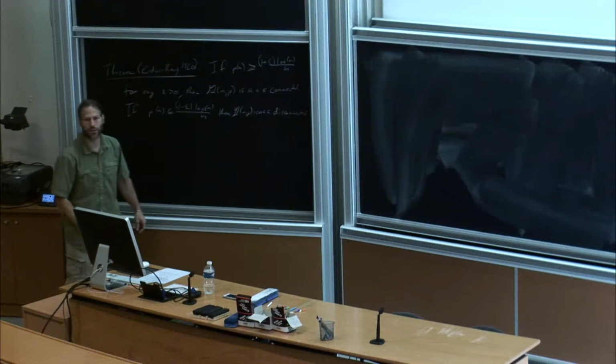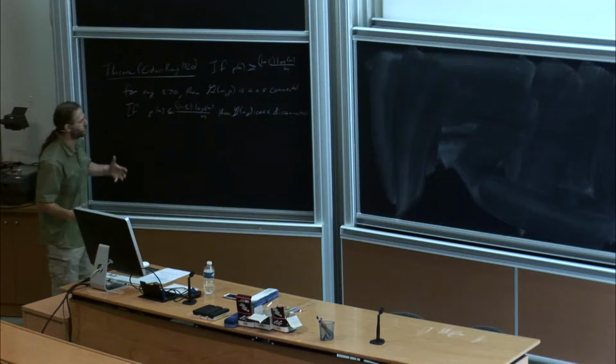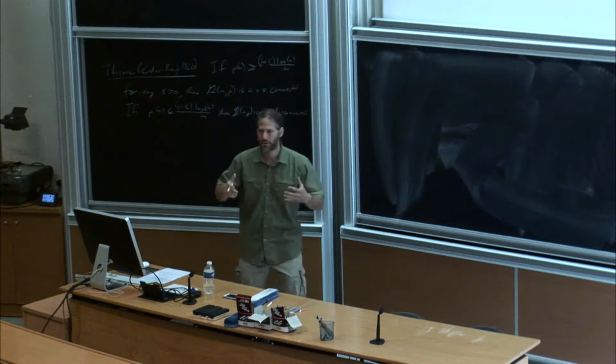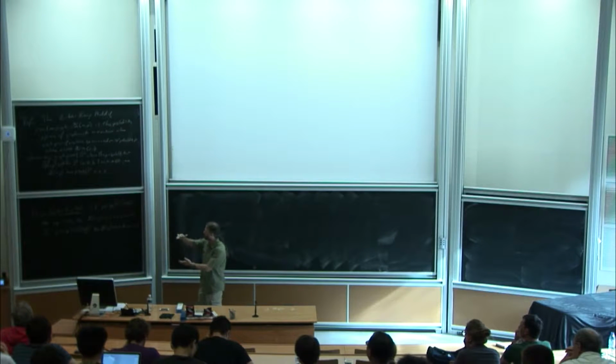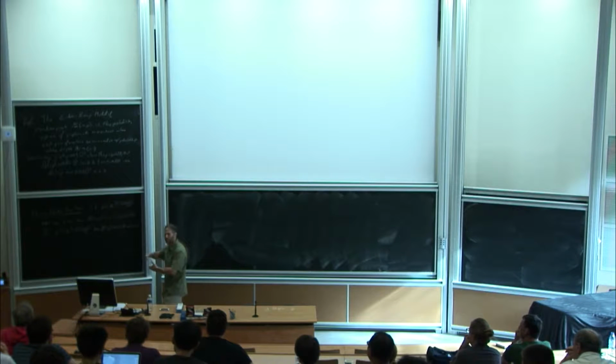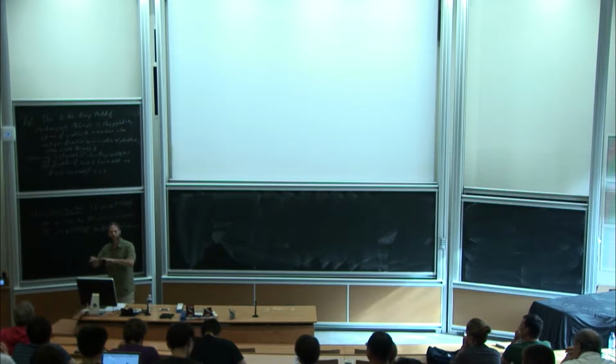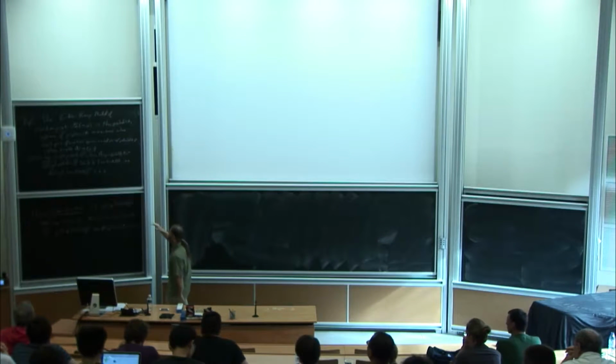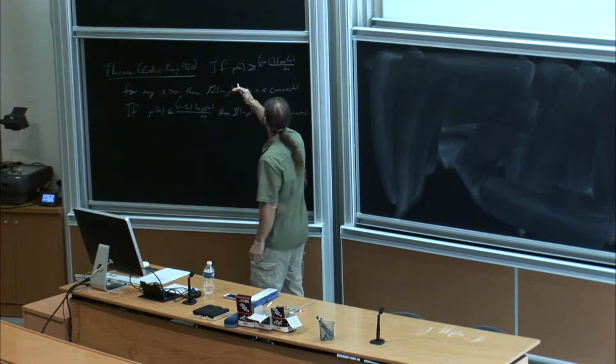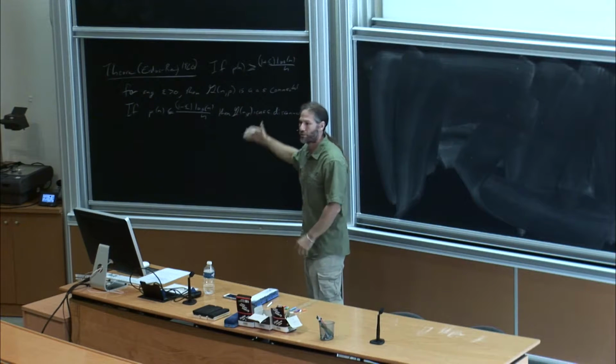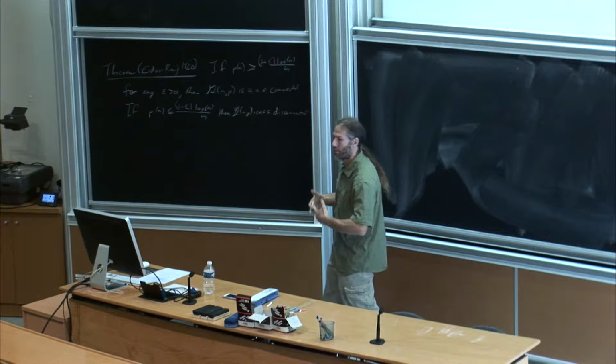This has become known as a sharp threshold theorem. There's some function, log n over n, and as soon as you're a little bit bigger than that, asymptotically almost surely you're connected, and as soon as you're less than that, asymptotically almost surely the graph you build is not connected. And in the simple case I mentioned before, the constant function p is bigger than log n over n, so that random graph will be connected.